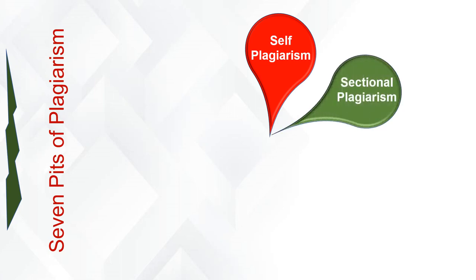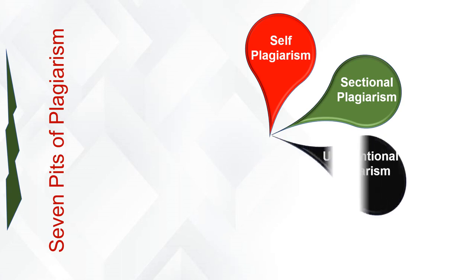So here, that's what I wanted to say: sectional plagiarism exists when a section of someone's work is taken without giving any credit. A section of the paper, a section of the picture, a section of the graph, so anything. And as I said, I consider unintentional plagiarism the most innocent mistake, which happens all the time.